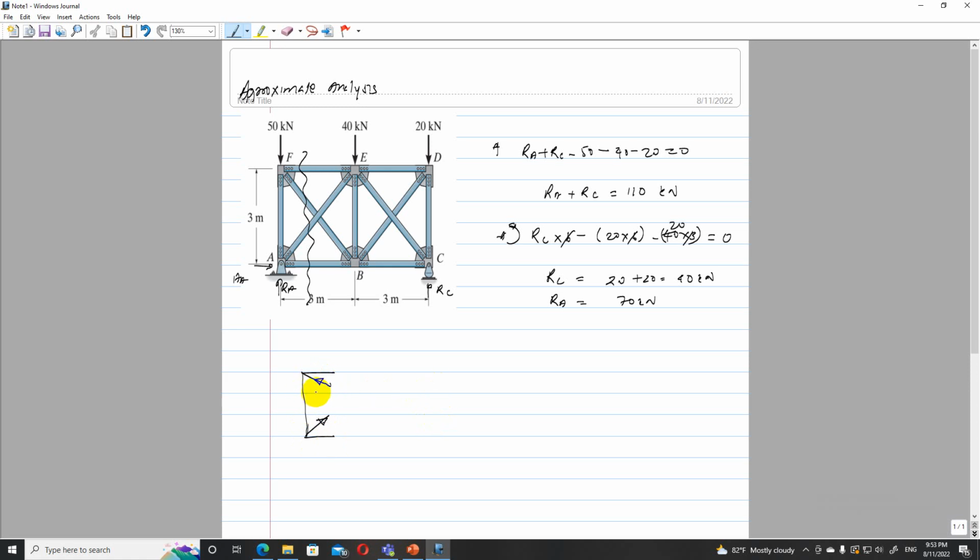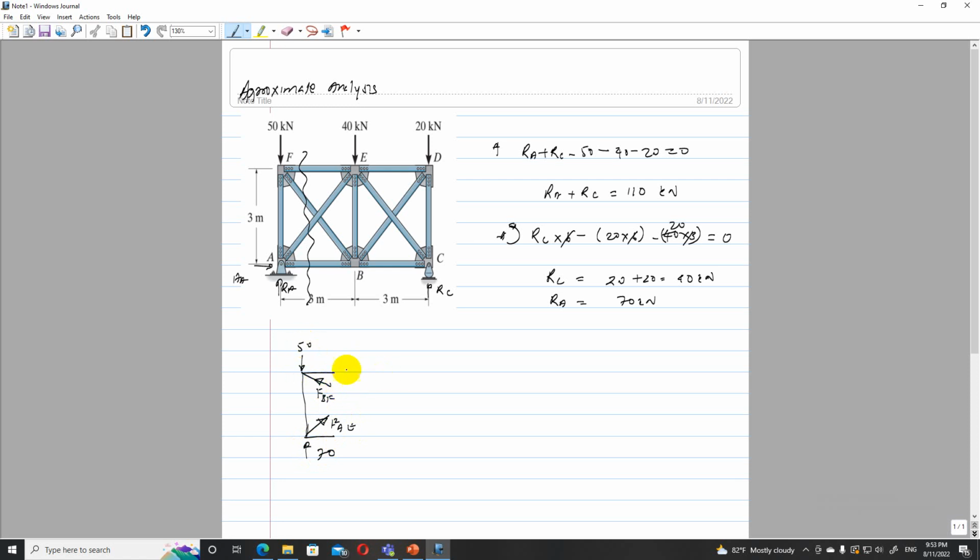So let's mark this one BF, this one AE, and the reaction is 70 and the force is 50.